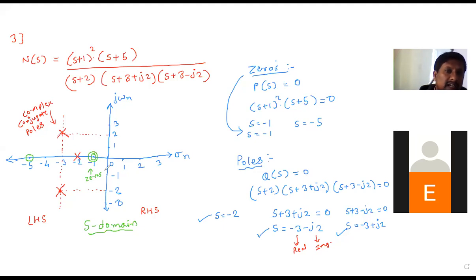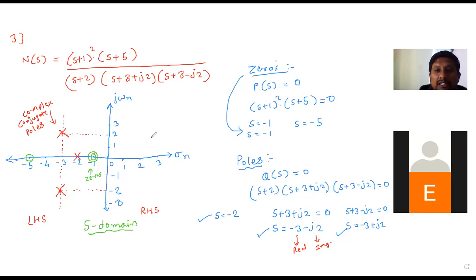If the poles lie on the y axis, or on the imaginary axis, then the system is marginally stable, meaning not fully stable, partially. And if poles are lying in the right hand side, then we can say that the given system is unstable.